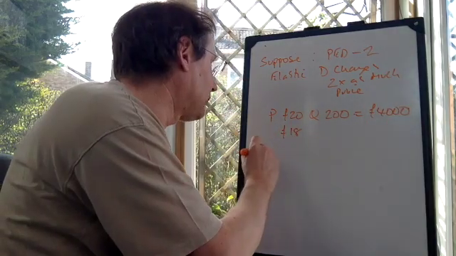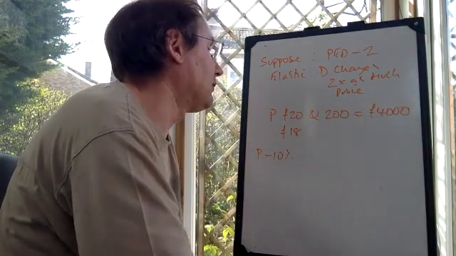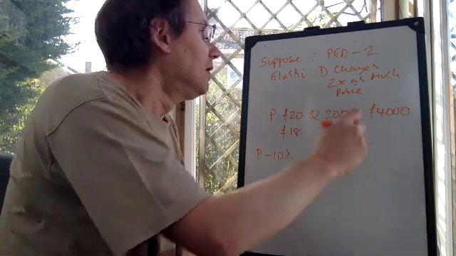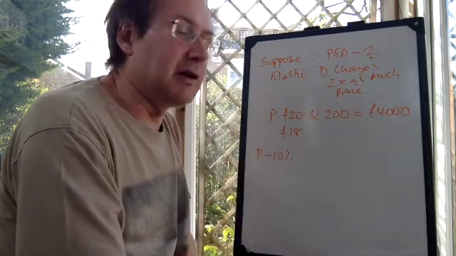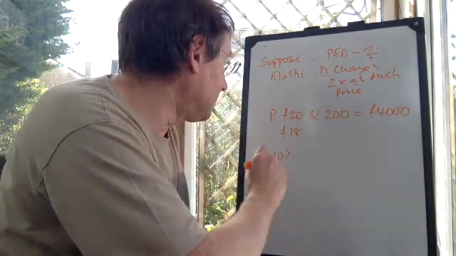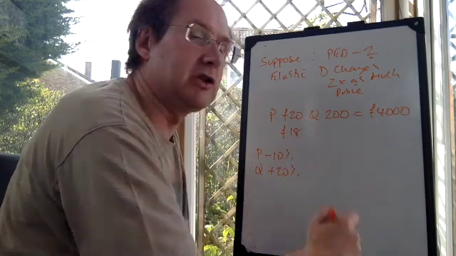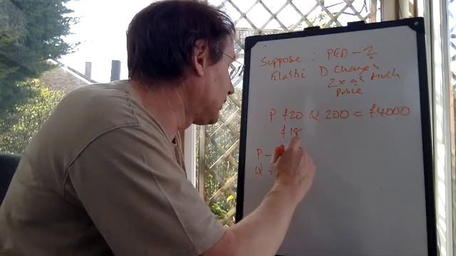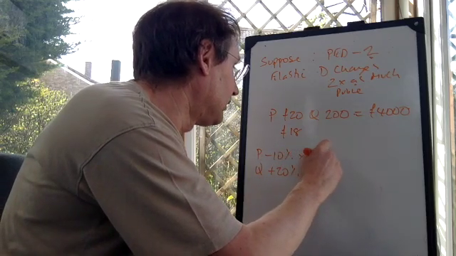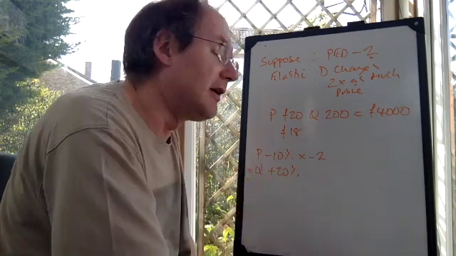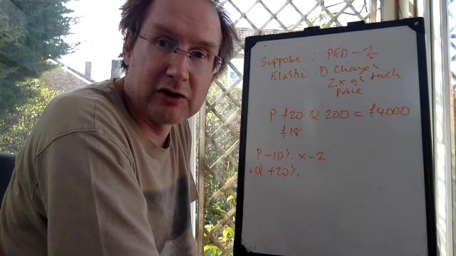And what we can see is that price has gone down by 10%. We know that price elasticity of demand is -2, so therefore quantity will rise by 2 times as much. We simply take the percentage change in price, multiply by price elasticity, and that gives us a plus 20% change in demand.